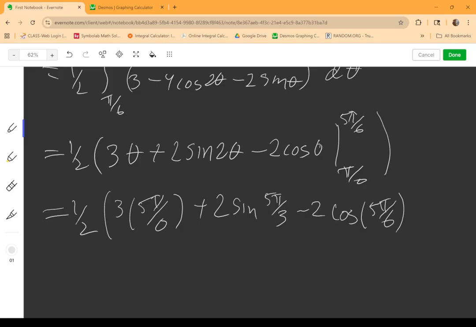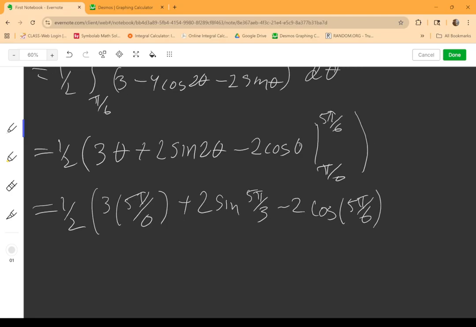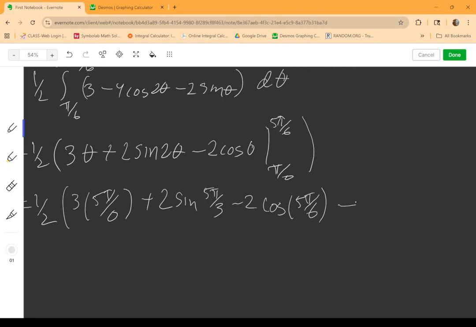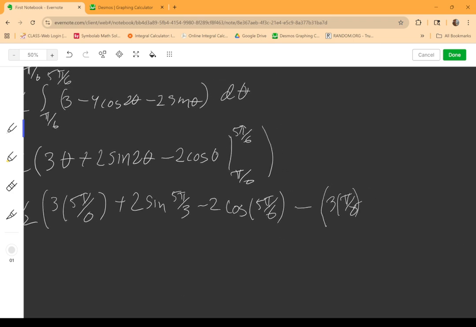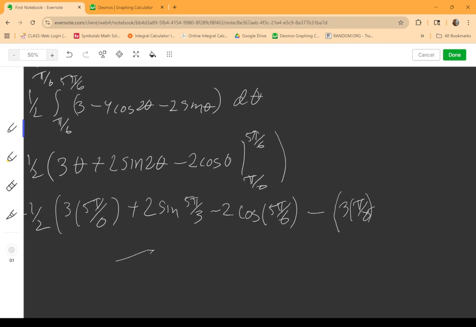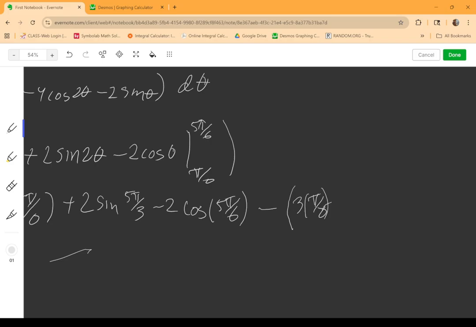And then the lower one will be minus, here 3 times pi over 6 plus 2 sine of, what do we have here?